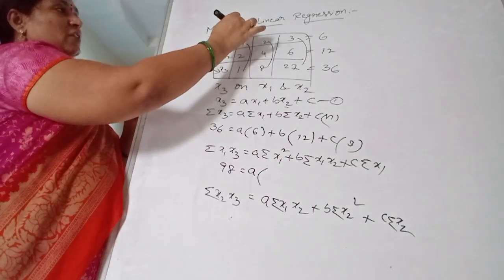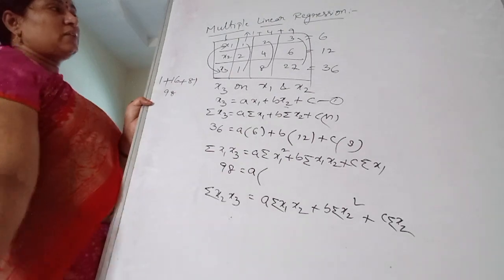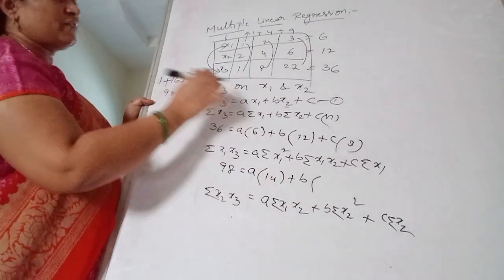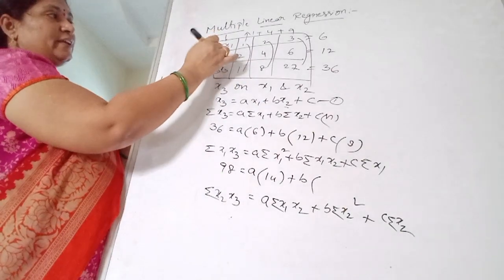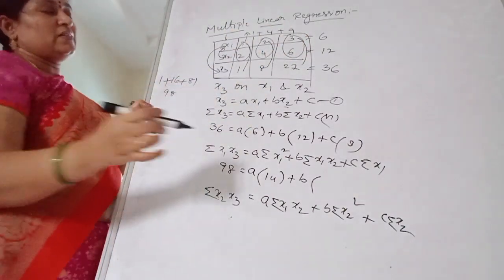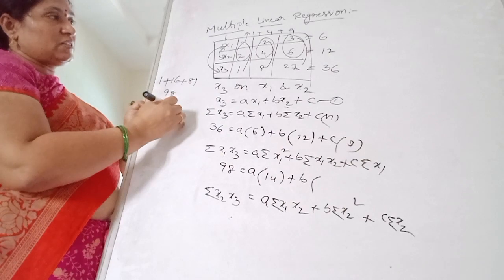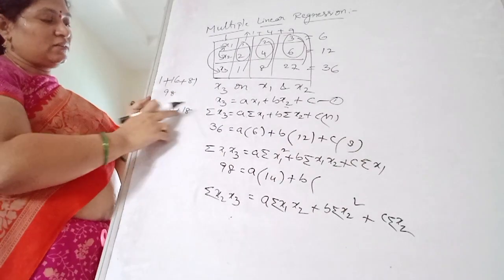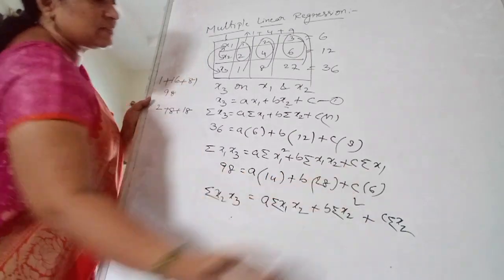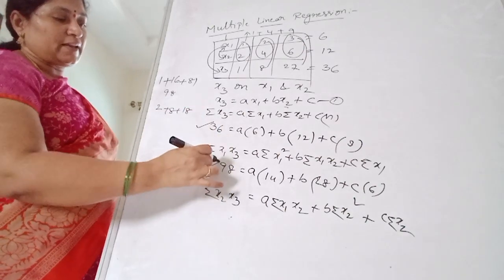Just square these values: 1 square is 1, 2 square is 4, 3 square is 9. 1 plus 4 plus 9 is 14. Plus b into summation of x1 x2. Multiply x1 and x2 and then add all these values: 1 into 2, 2, plus 2 into 4, 8, plus 3 into 6, 18. 10 plus 18, 28. Plus c into summation of x1, which is 6. This is one equation and this is the second equation.